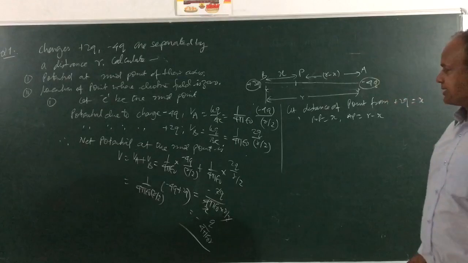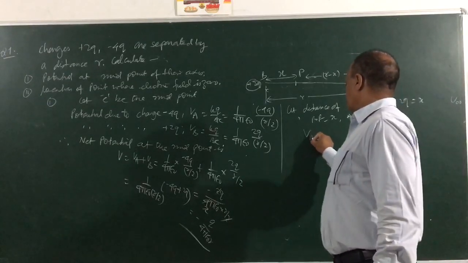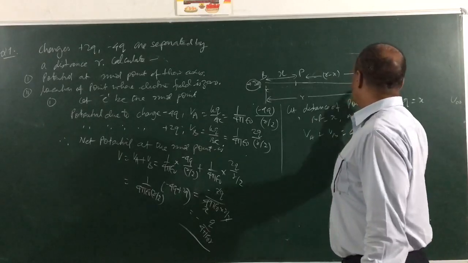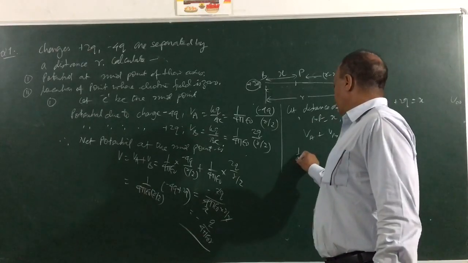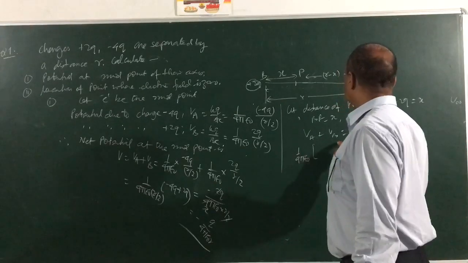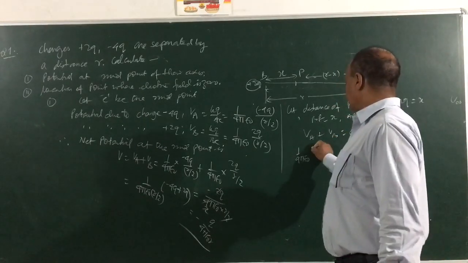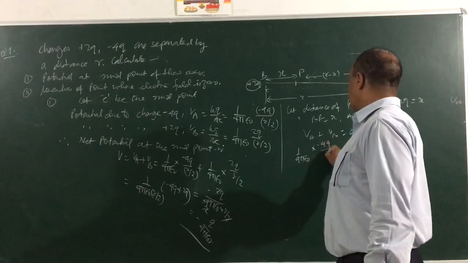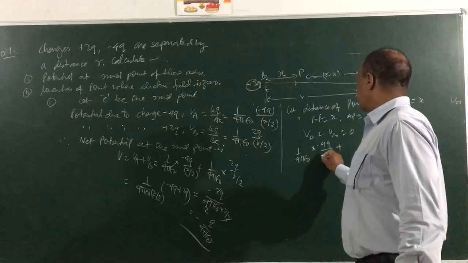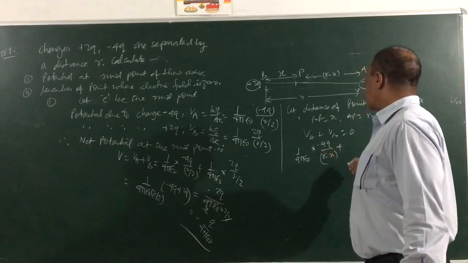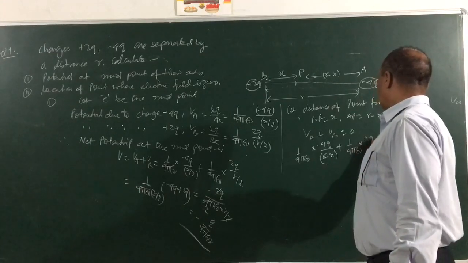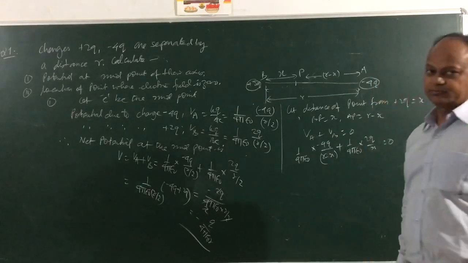Right? Now VA plus VB will be equal to 0. And how much is VA? The potential of a charge is 1 by 4 pi epsilon 0, which is common in both. Otherwise, write in full and then take common: minus 4q by r minus x, plus 1 by 4 pi epsilon 0 into 2q by x is equal to 0.